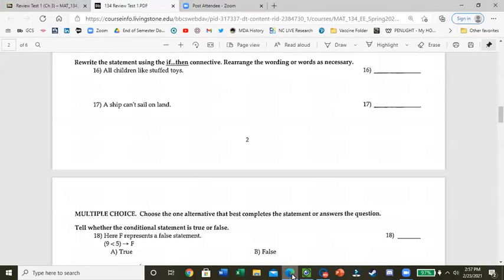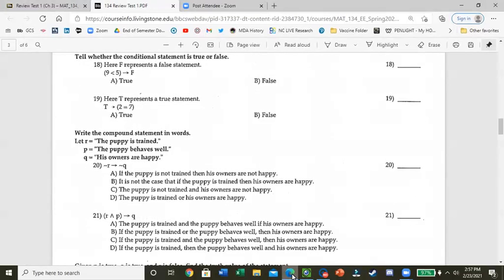Okay. Now here F represents a false statement. So we could write this as a truth table as well. For P and Q, we could put P as 9 is less than 5, and Q is false.